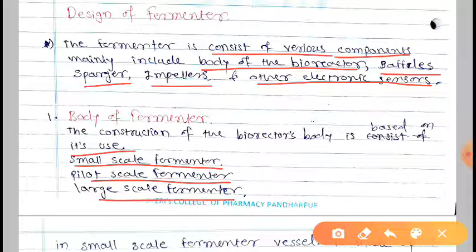These are the three main types of fermenter. The pilot fermenters are used for first trials or for research purposes. The small scale fermenter is used to produce seed, and after that the large scale fermenter is used for industrial grade production.